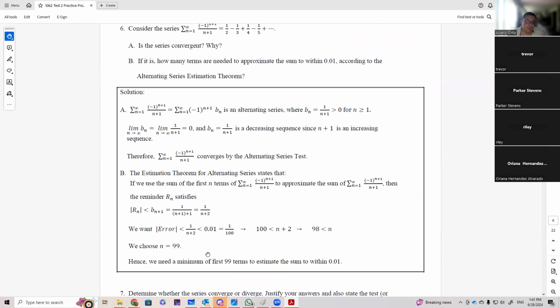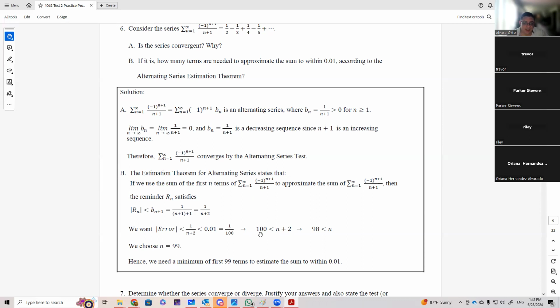So if you want to have a specific error, you can consider this the error. If you want the error to be less than 0.001, then you have to consider that 1 over n plus 2 is less than 0.01. And from there, you're going to find out what that n is. Here, 0.01 is just 1 over 100.